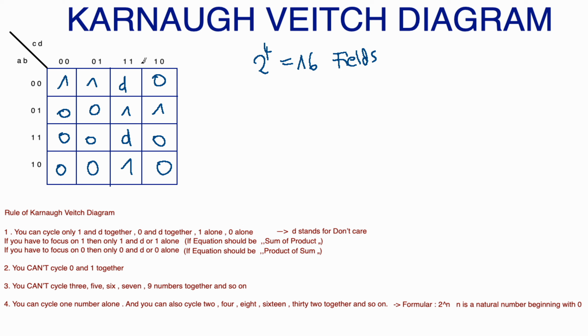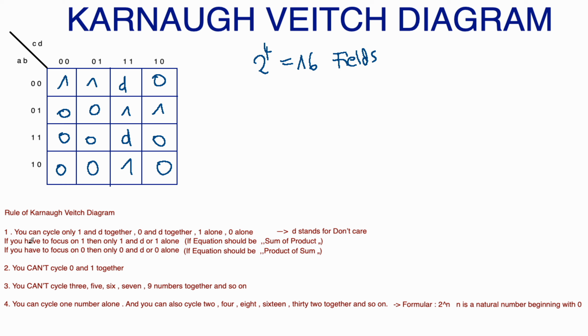But you can also cycle 0 alone or 1 alone, if it doesn't have any neighbors. This is the first rule.